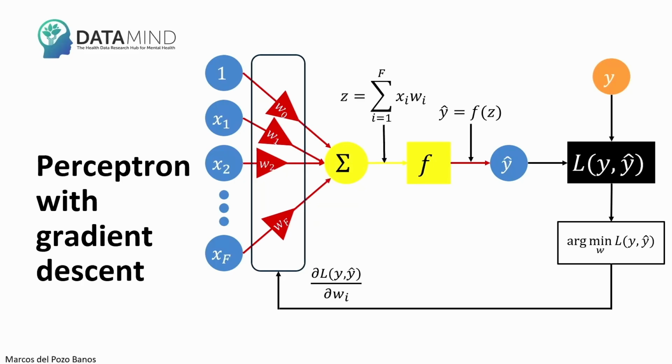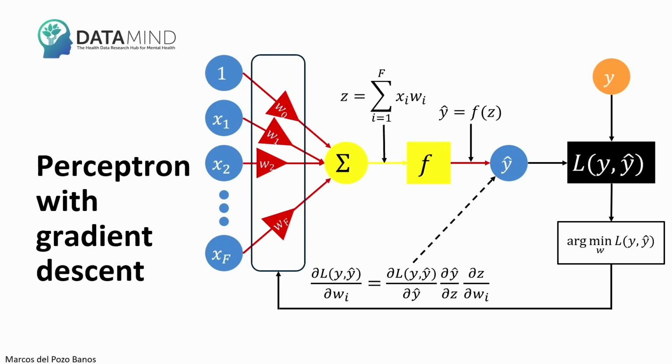From using gradient descent, we know that what we need to do is find the derivative of the loss with respect to the weights, to know how to modify these weights to minimize the loss.